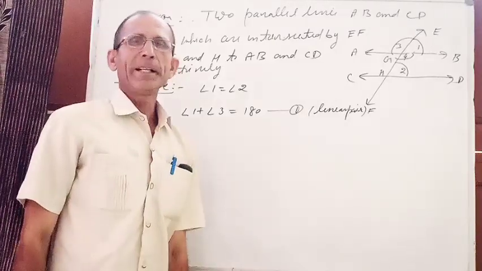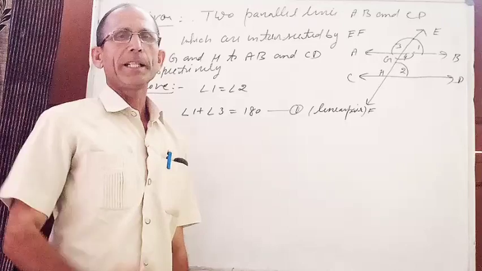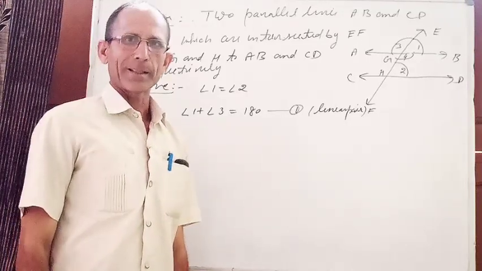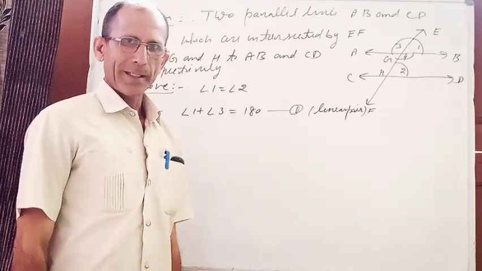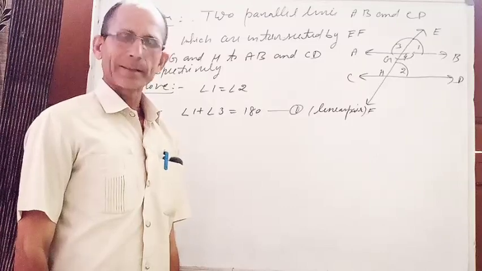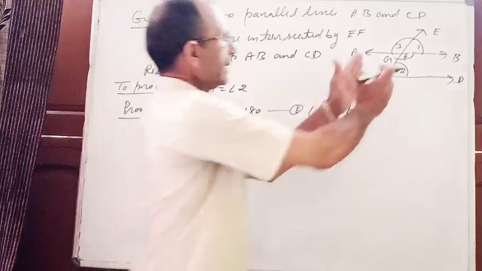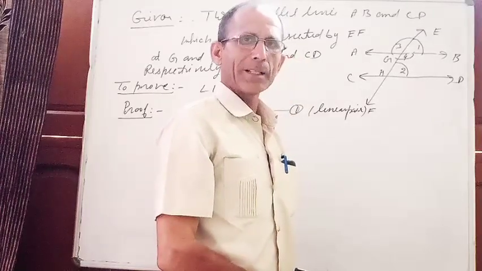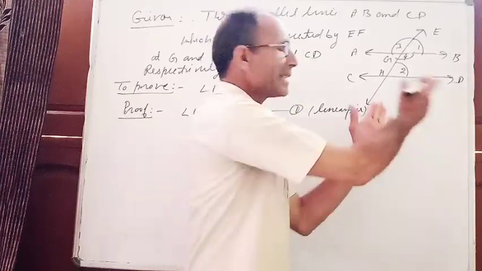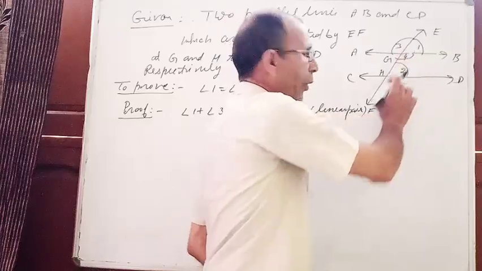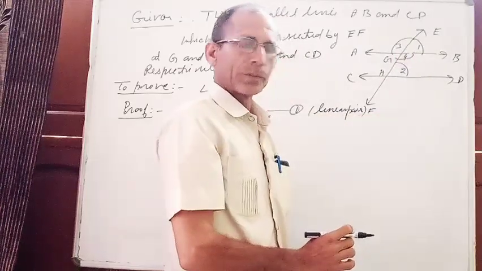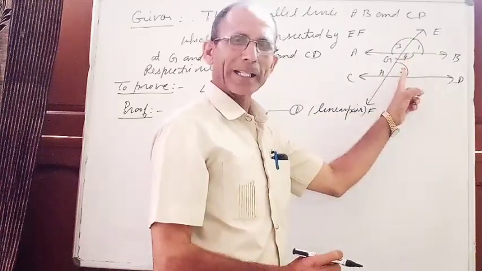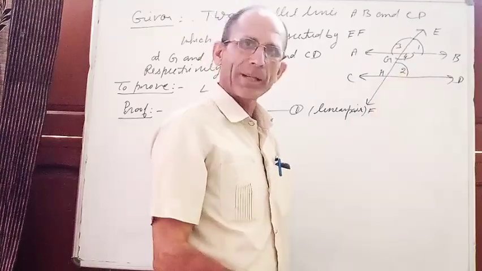And one more point I would like to mention here. If two parallel lines are intersected by a transversal, then the angles on the same side, it means inside, so angle 4 and 2 are interior angles on the same side.